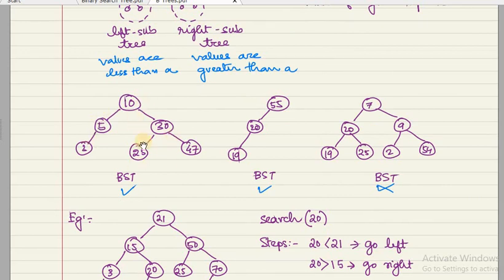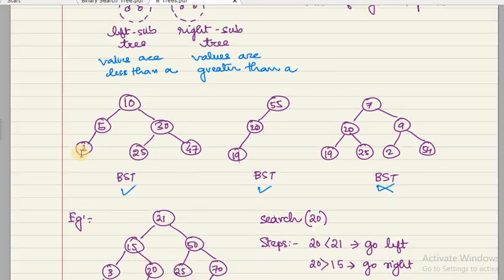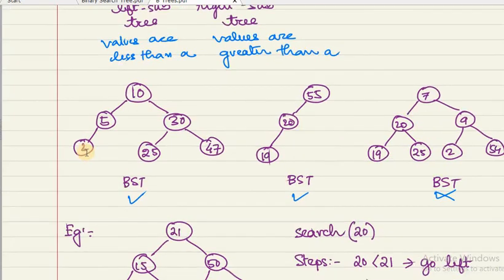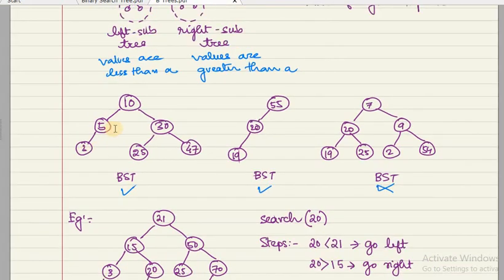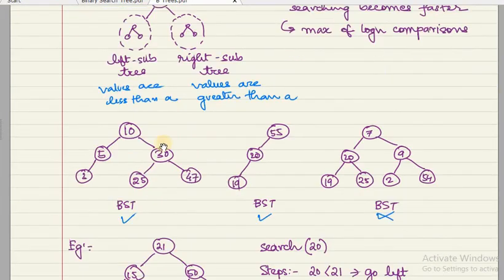If you look at the first example, then we have 10, 5 and this is 2, I think. Let me expand it. Yes, it is 2. So if you consider these values here, you will find that if you look at any of the parents, their values will be following this particular convention. Okay, so if you look at 10, 10 is greater than 5, but 10 is less than 30. Again, if you look at 5, 5 is greater than 2.